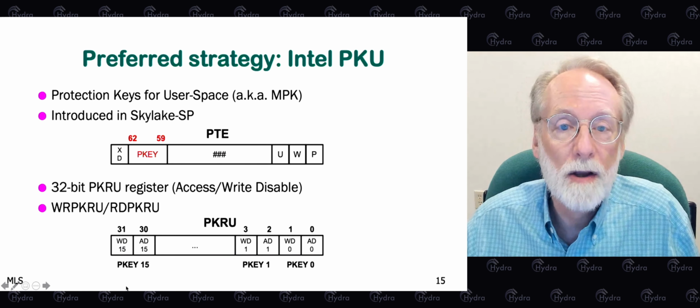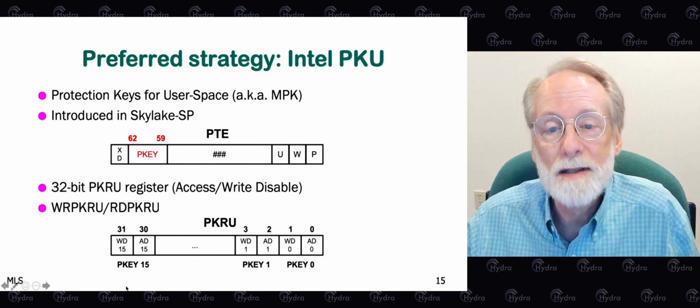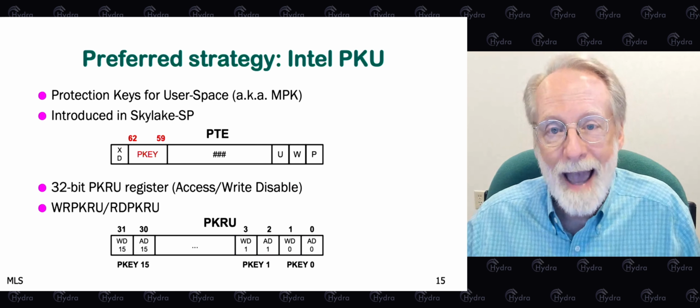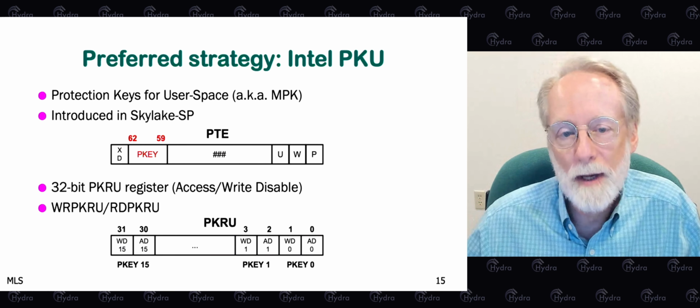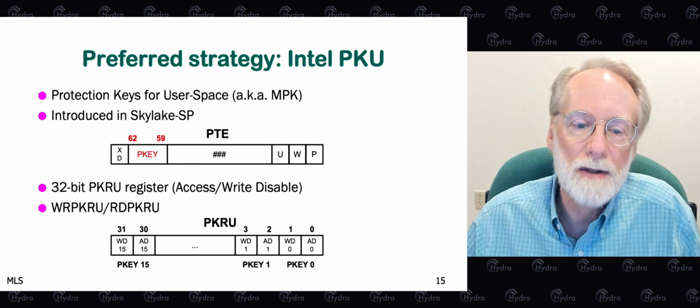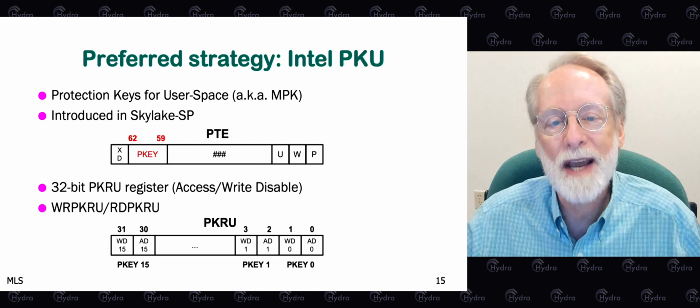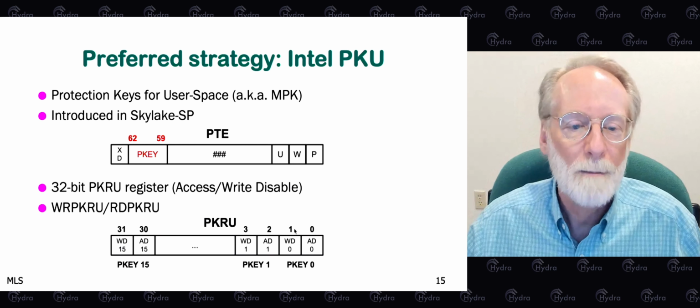Importantly, the PKRU has no effect on instruction accesses. It's only for data accesses in the instruction set, and it cannot be used to increase permissions, only to decrease permissions. So an application that's given the right to do certain things can voluntarily relinquish that right by setting bits in the PKRU.